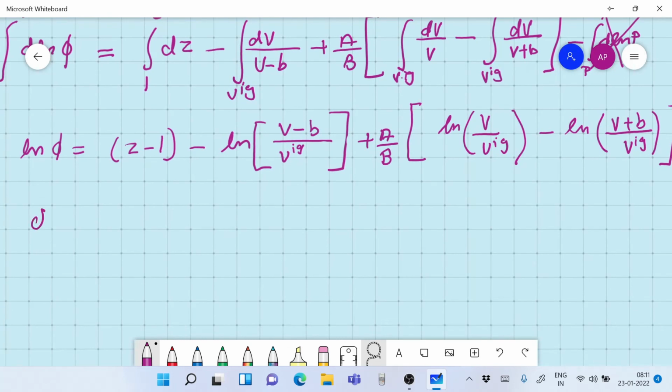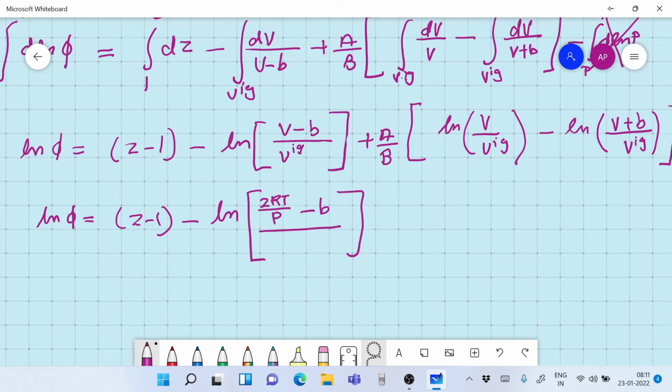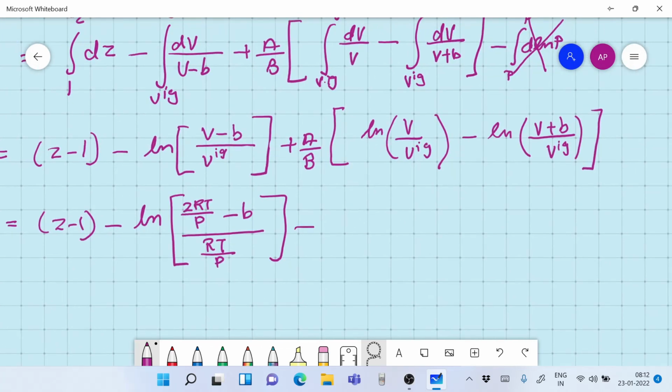And therefore, we get ln phi as z minus 1, right? Now, v minus b can be written as zRT by p minus b, and v ideal gas can be written as RT by p, plus a over b.